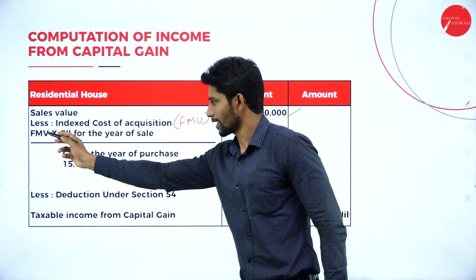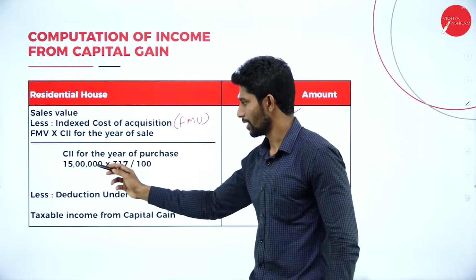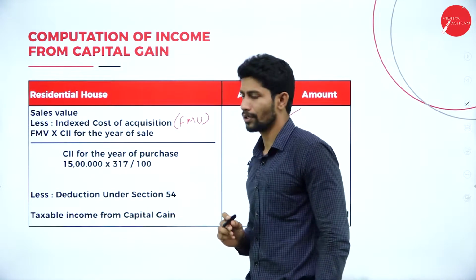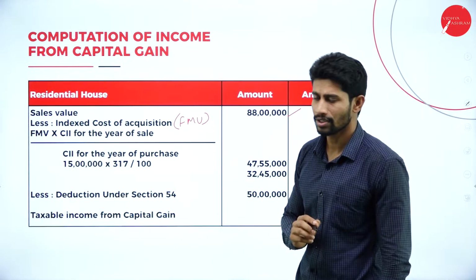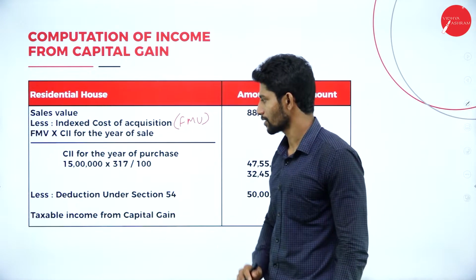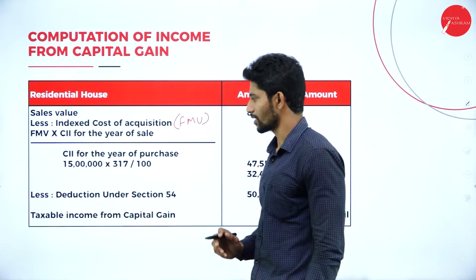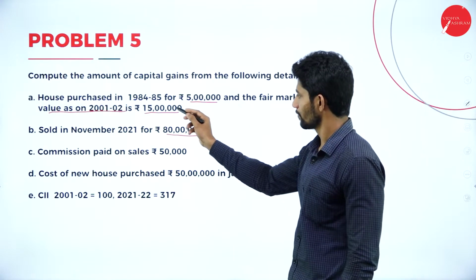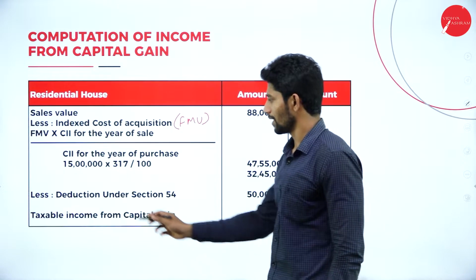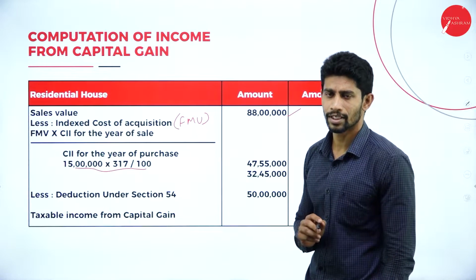So fair market value into CII for the year of sale divided by CII for the year of purchase, that is cost of inflation index for the year of sale divided by cost of inflation index for the year of purchase. So 15 lakhs, what is the fair market value? It is 15 lakhs. So 15 lakhs into 317 divided by 100.